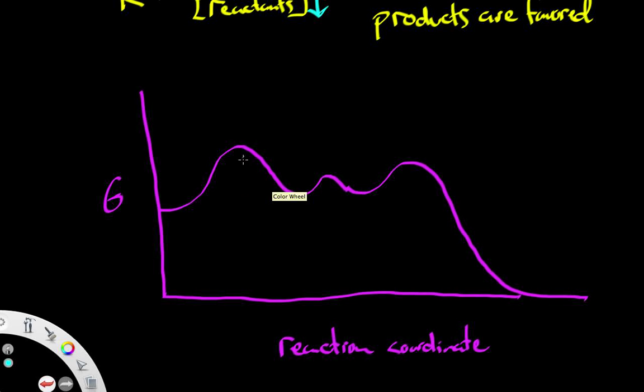And so this is going to be our first transition state, which is going to represent a half chair. This down here is going to represent a twist boat. Right up here we have a boat conformation. Another twist boat.